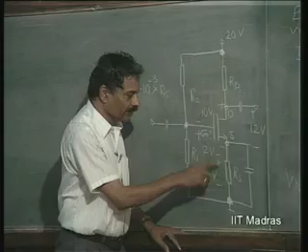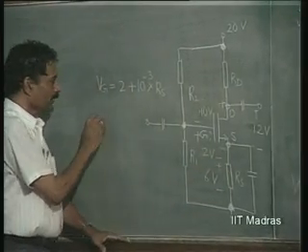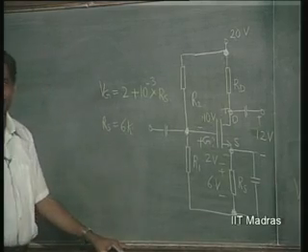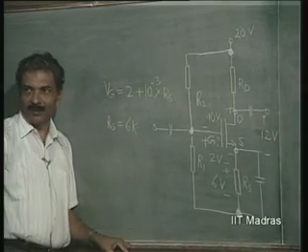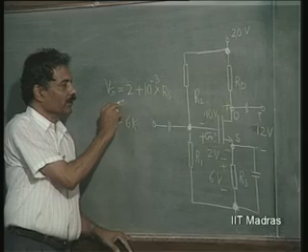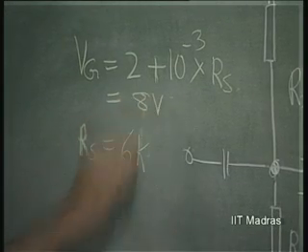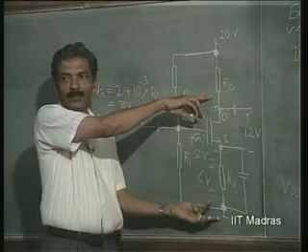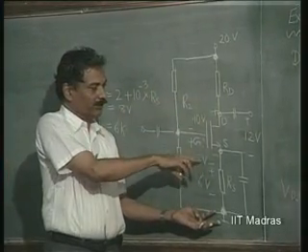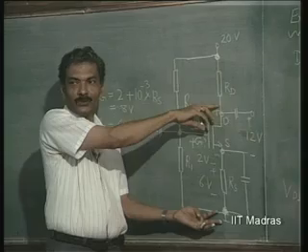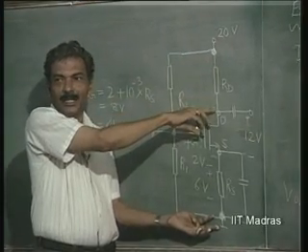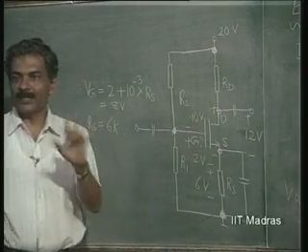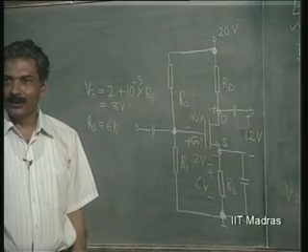So, if this is 6 volts, then Rs is 6K, 1 milliampere flowing through it. So, Vg is going to be 8 volts. This is already 6 volts plus 2 volts plus 10 volts, that is 18 volts. So, what is required for Rd is 20 minus 18, 2 volts. So, Rd is automatically fixed as 2 kilo ohms.